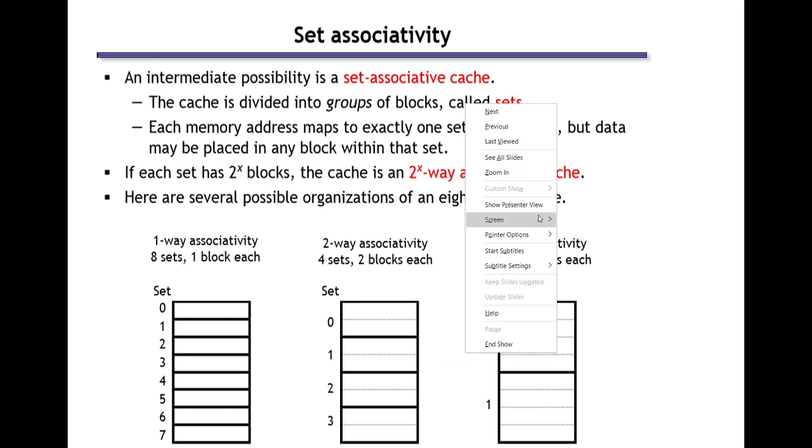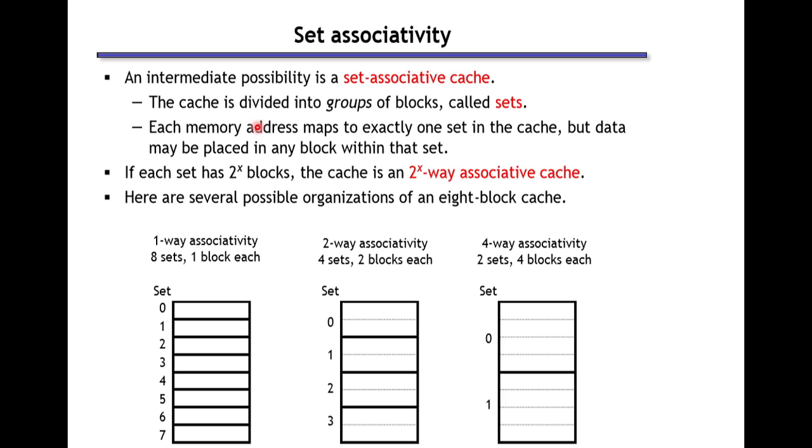The cache is divided into groups of blocks called sets, and each memory address maps to exactly one set in the cache, but data may be placed in any block within that set. So if each set has 2 raised to x blocks, the cache is a 2 raised to x way associative cache.